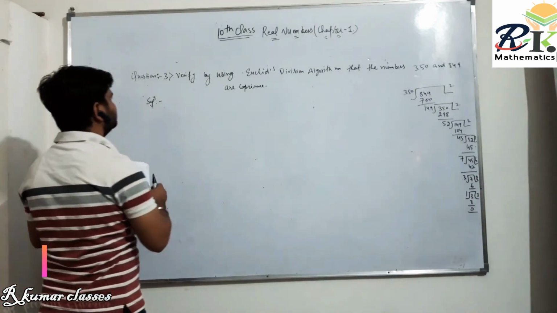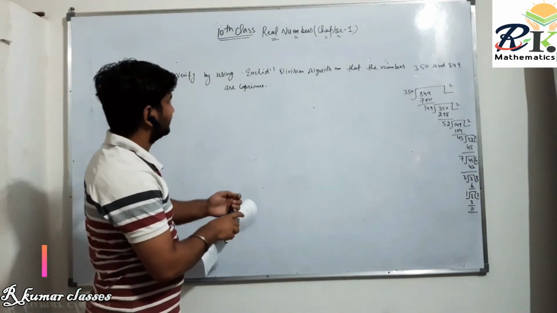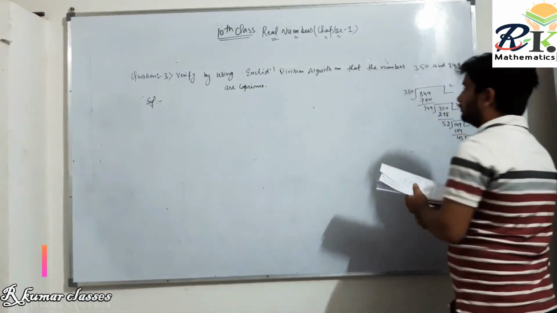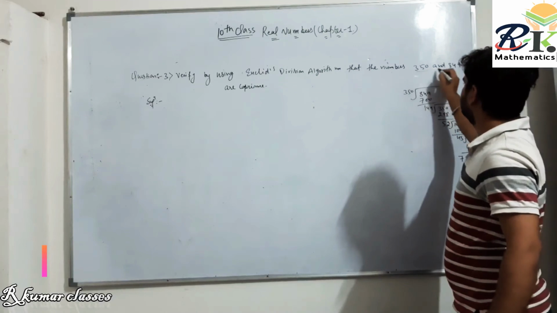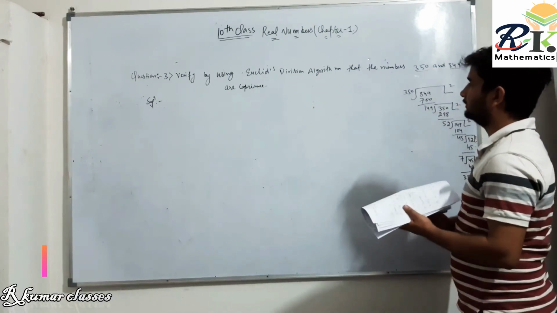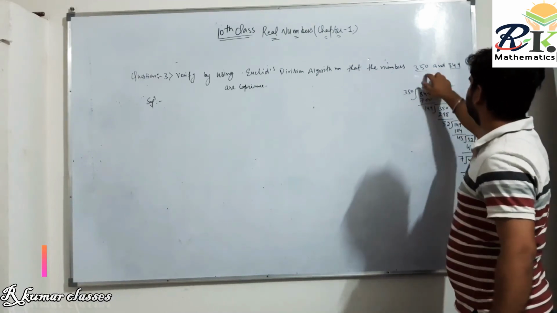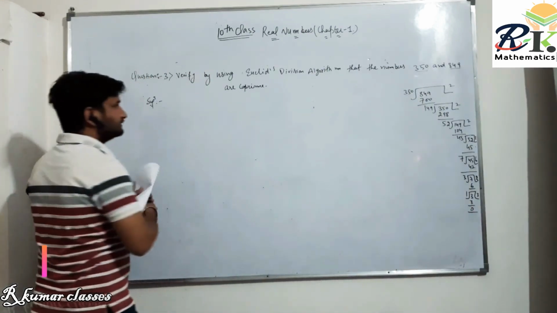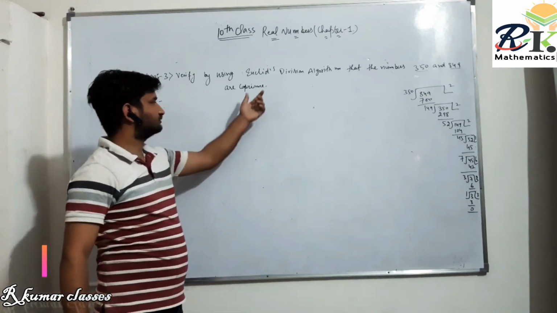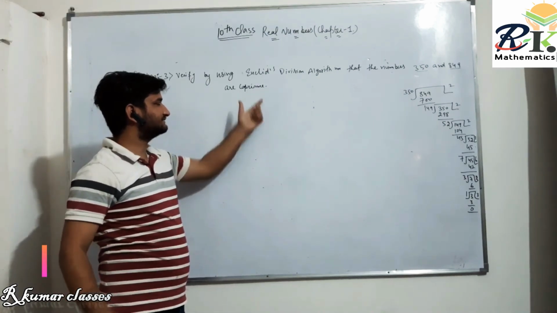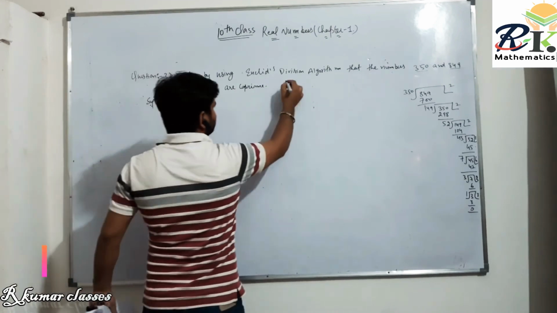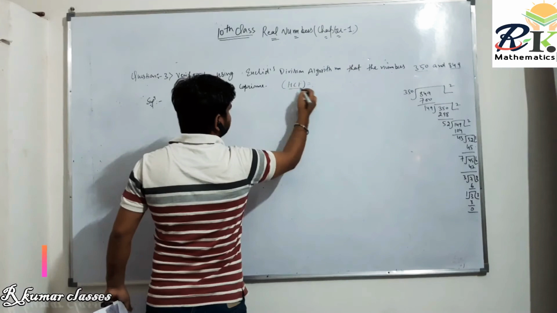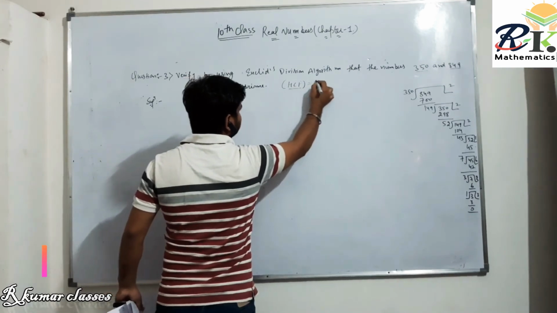And the next question is: verify using Euclid division algorithm that the numbers 350 and 849 are co-prime. So we have to show that 350 and 849 are co-prime. Co-prime numbers are those numbers whose HCF is 1, the highest common factor is 1.